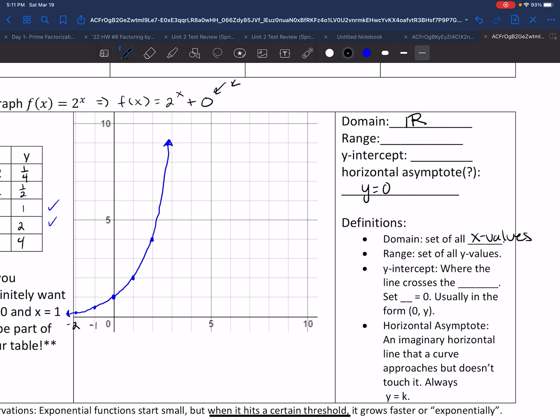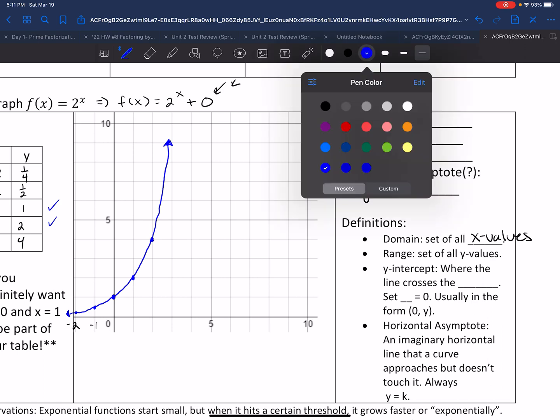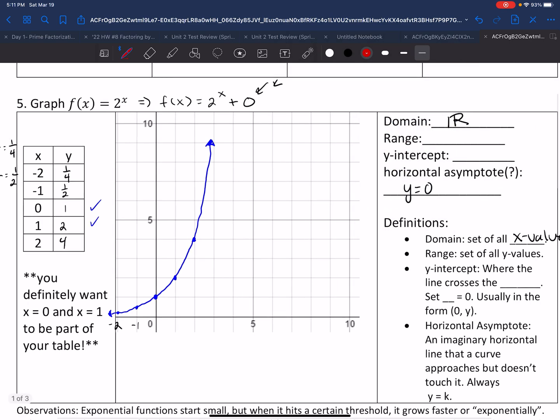Okay, now I'm going to go ahead and draw my horizontal asymptote. And let's use a different color to show you what the horizontal asymptote is. If it's y equals 0, you should know that if we are graphing something that's y equals something, it's going to be that horizontal line, and it's going to be right here. This is 0, so I'm going to go ahead and draw an imaginary dashed line in a different color.